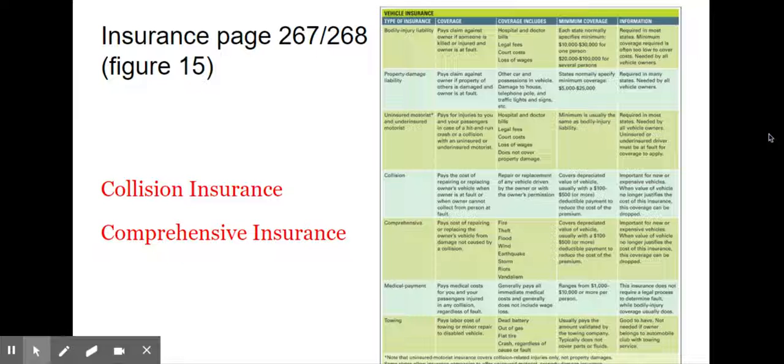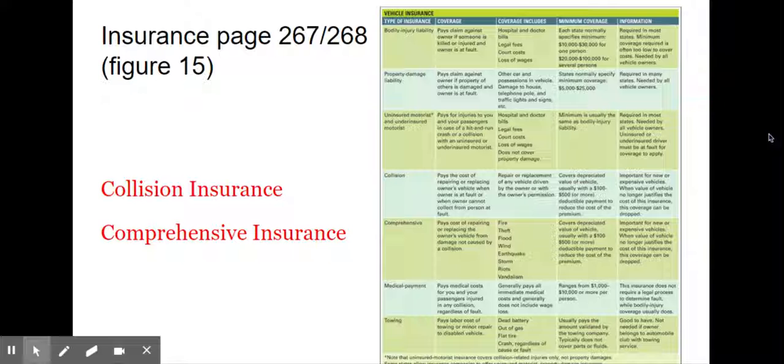Okay. Realize there are 2 different kinds of insurance that are going to cover you. First of all, there's collision insurance. Collision insurance is going to cover you when? Oh, when you're in a collision, you're at fault. This is what is going to pay for that. Anything outside of a collision is going to be our comprehensive insurance.